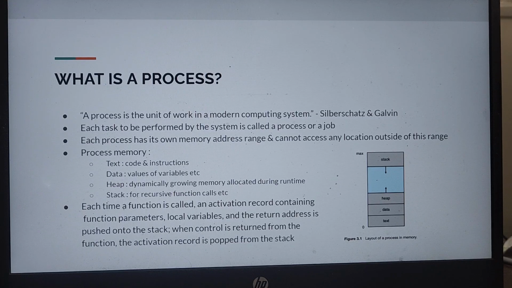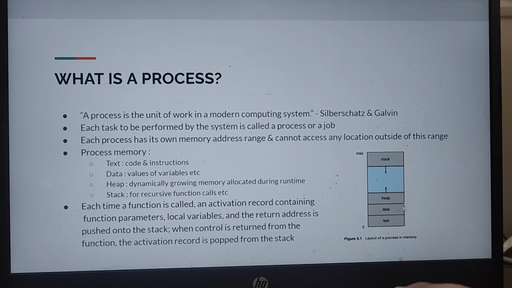Alright, so now that we are already talking about process memory, we will take a closer look at the memory pertaining to each process. Like I just mentioned, every process has a bunch of addresses allocated to it. Outside of these addresses, the process is not entitled to access any other location, but within these allowed memory addresses, what do we have? They are generally divided into 4 segments: text, data, heap and stack.